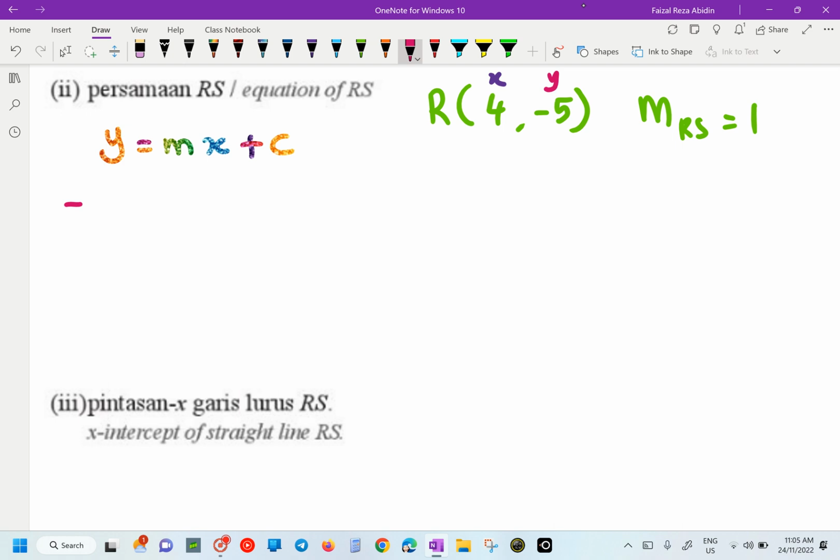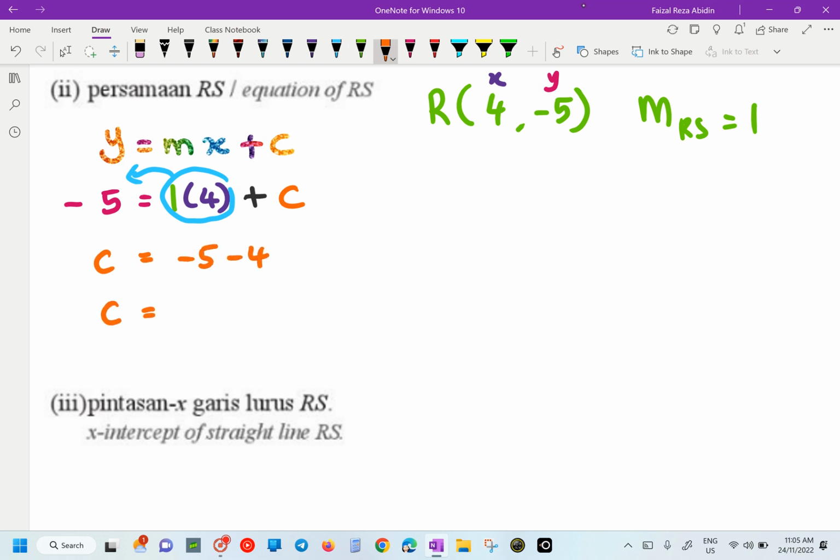Just substitute: -5 equals gradient 1 times x which is 4, plus c. So 1 times 4 is 4. Bring it to the left side, negative 4. So c is negative 5 minus 4, you are going to get negative 9.